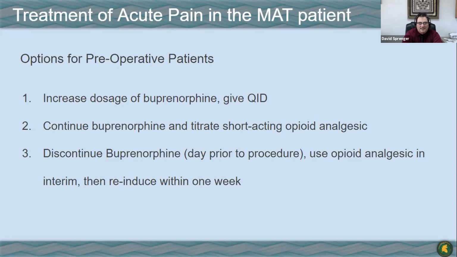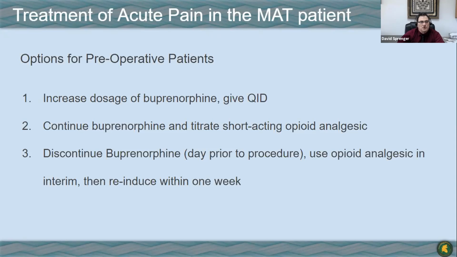So it's kind of tricky to decide how much opioid analgesic is going to be able to overcome the blockade of the receptor. Another option is to discontinue the buprenorphine the day prior to the planned procedure, and then use short-acting opioid analgesics in the perioperative period, and then induce the patient into their MAT program right away.